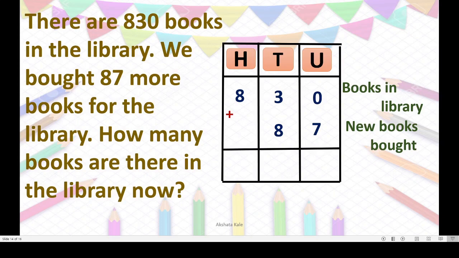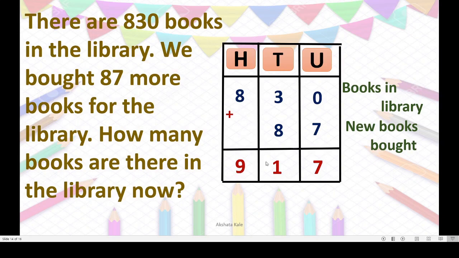In the unit place, 0 plus 7, that is 7. In the tens place, 3 plus 8, that is 11. So we will write 1 in the tens place and 1 is carried over to the hundreds place. That we have to remember. Correct?